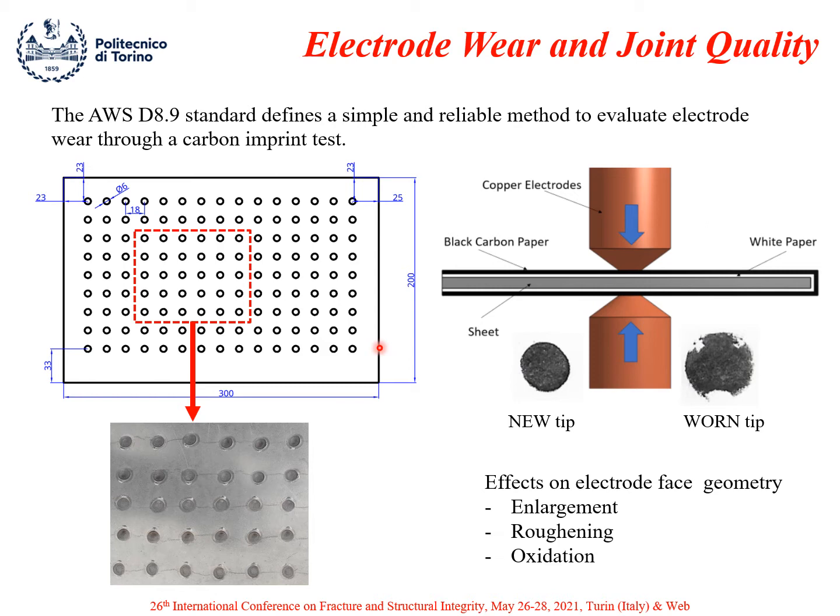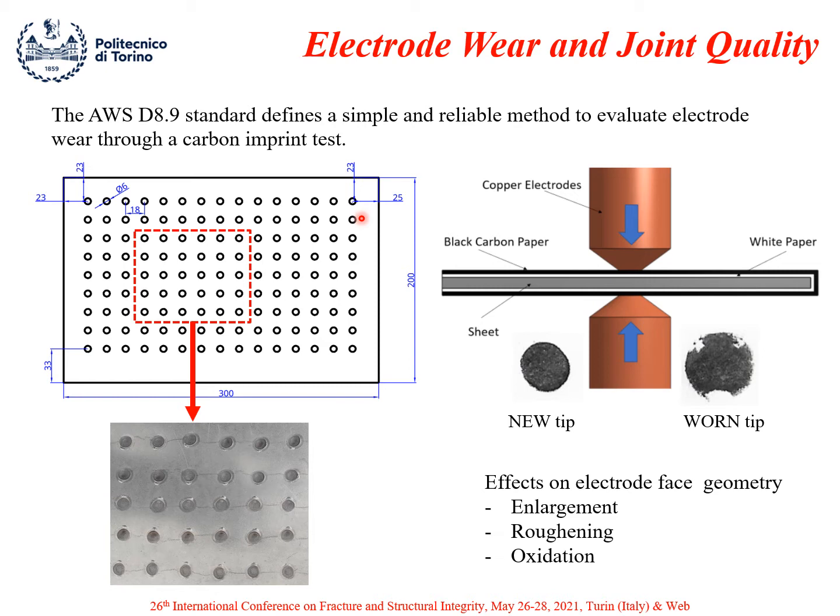Particularly, we performed hundreds of welds on several sheet stacks made of two overlapped sheets, as shown in this picture. After realizing a certain number of spot welds, we obtained some shear tension samples in order to evaluate the mechanical strength of the spot weld.